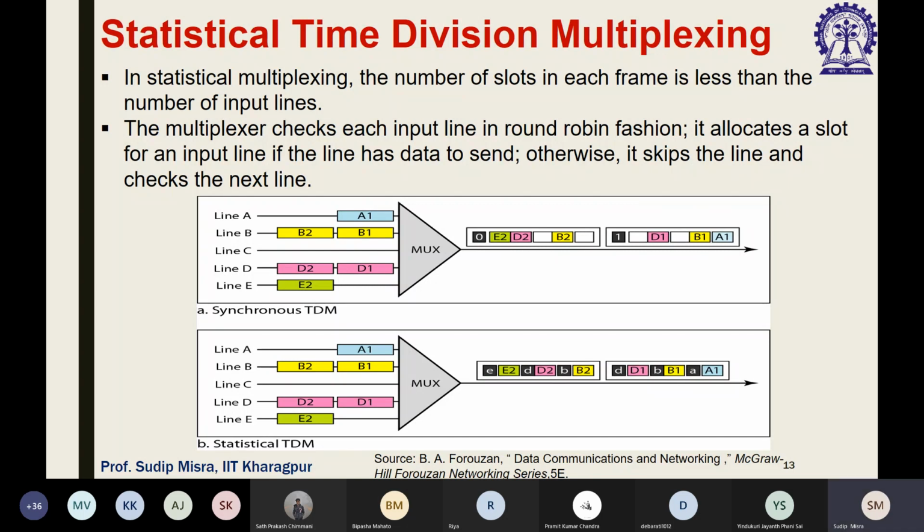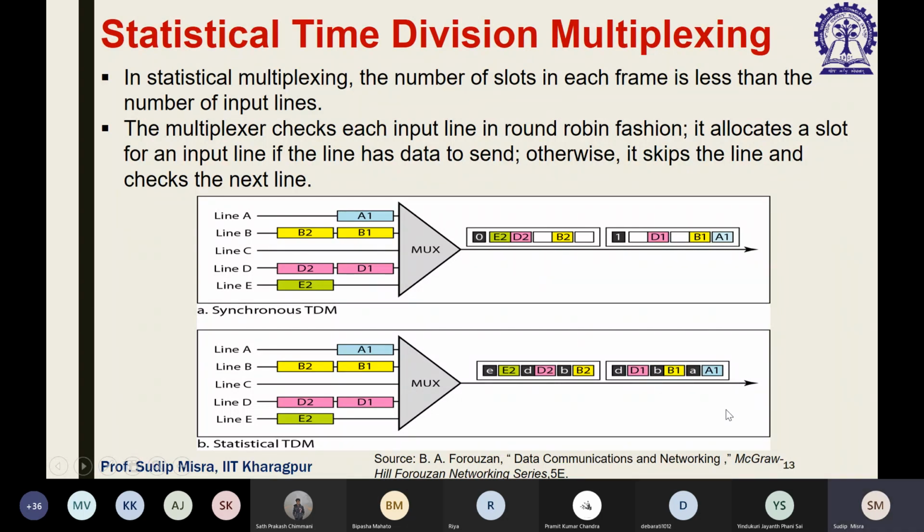These are additional headers, but they are very small in size, typically 1 bit or 2 bits long. So they do not occupy too much space, and they can help in identifying the different frames that are associated with them.